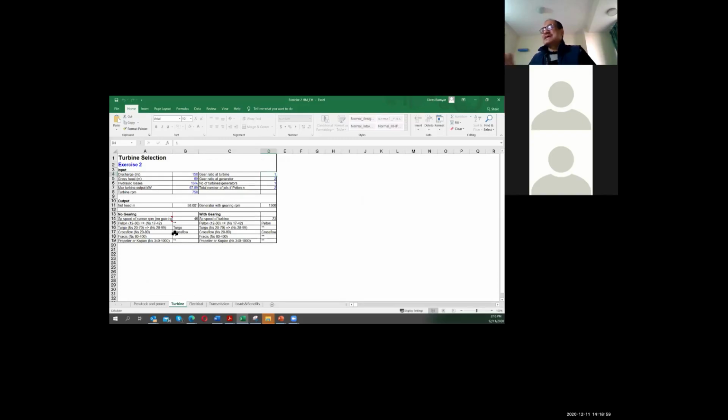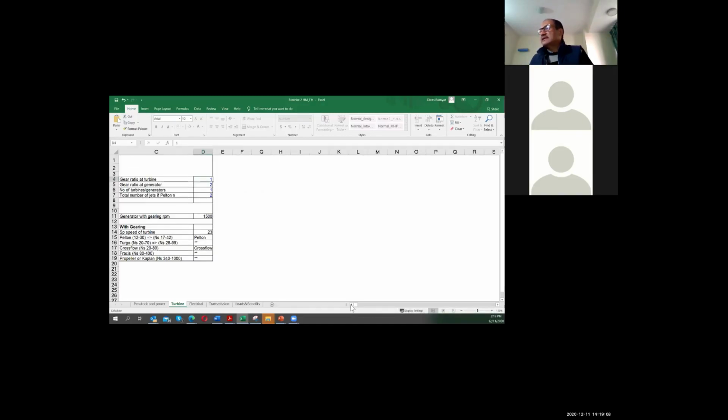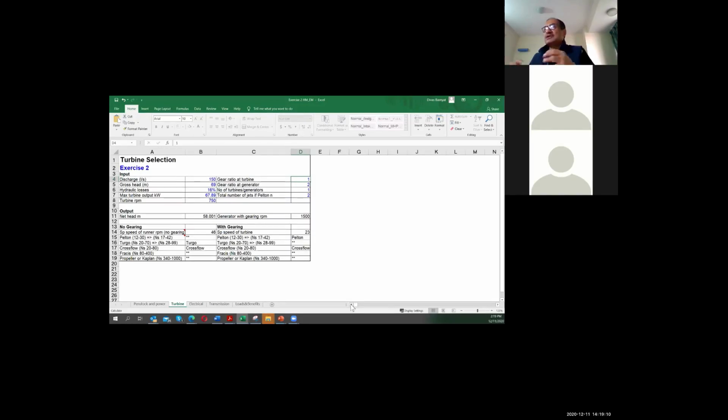So this is the turbine sheet. It's a very simple thing, because we just want to check the specific speed, and we want to make sure what would be the selection of the turbines. So this is an example.